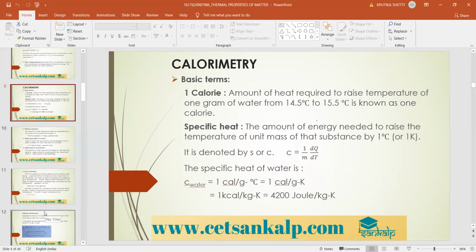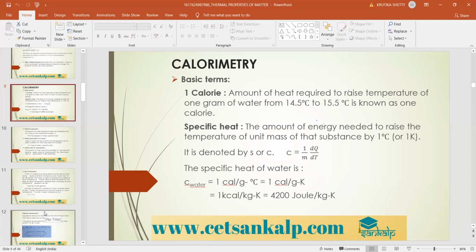Next, we have the specific heat capacity, which I have defined earlier. Specific heat is the amount of heat energy needed to raise the temperature of unit mass of that substance by 1 degree Celsius.